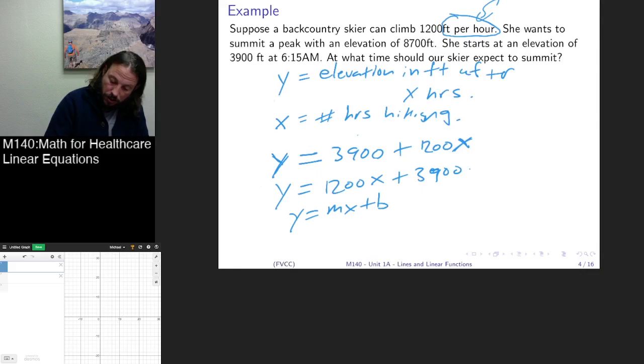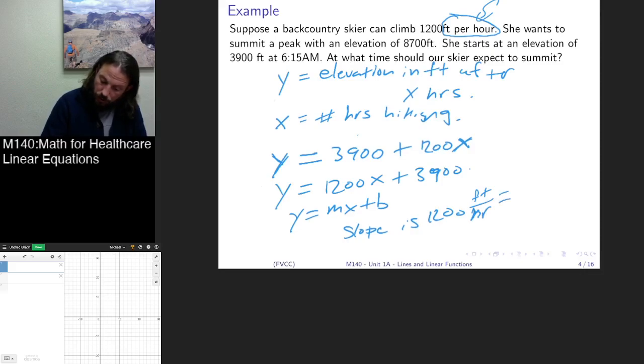So here our slope is 1,200, and notice that is feet per hour, and remember that's equal to the change in y, y2 minus y1, over the change in x.